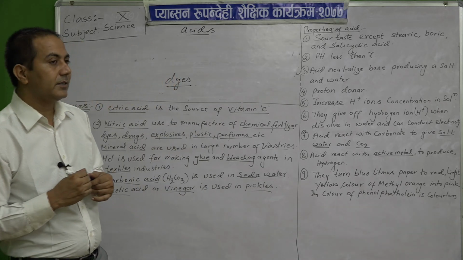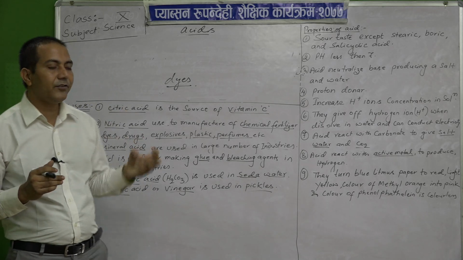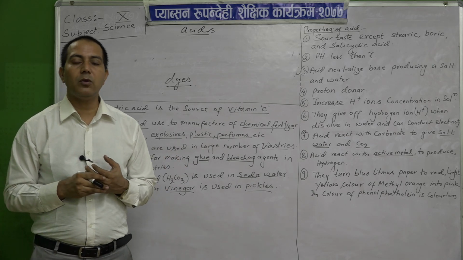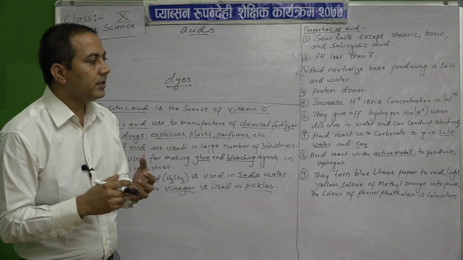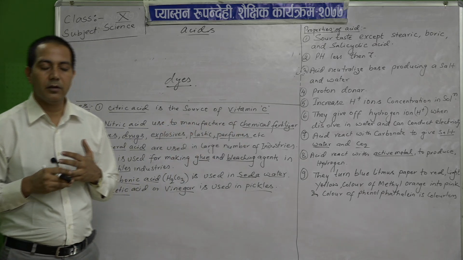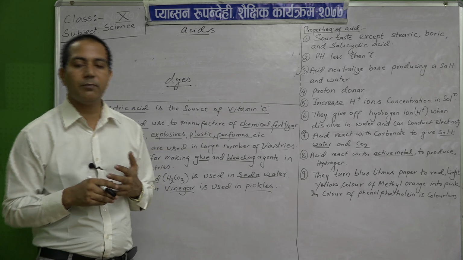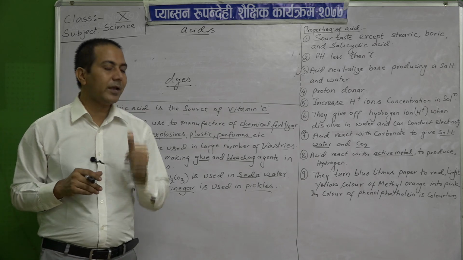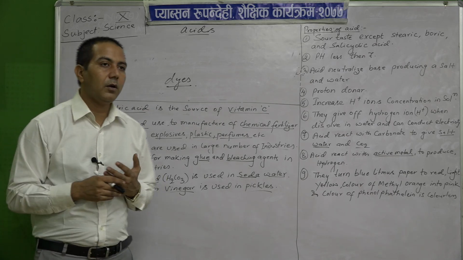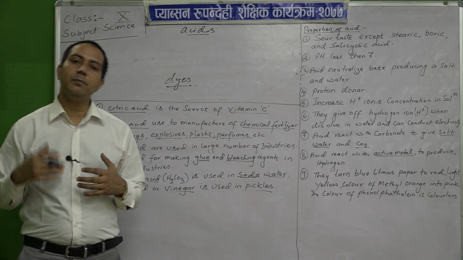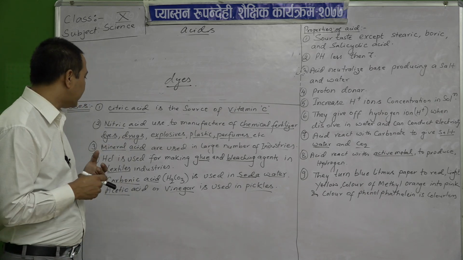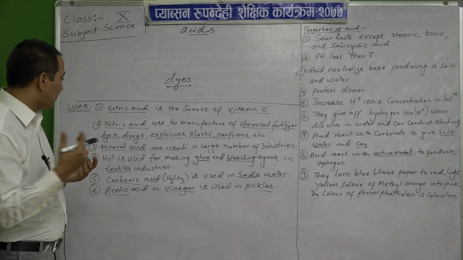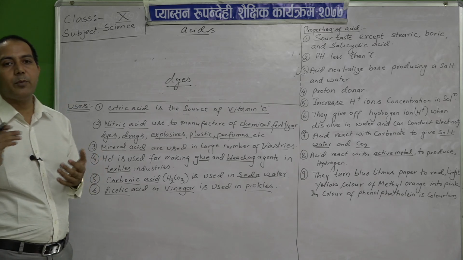So, what are the uses of acids? The first one is citric acid, which is found in fruits like lemon, orange, etc. These contain a large amount of vitamin C, which is necessary for our body. Then the next one is nitric acid, which is used for the manufacture of different types of materials in industry, like chemical fertilizers, urea, dyes, drugs, explosives, plastic and perfume.